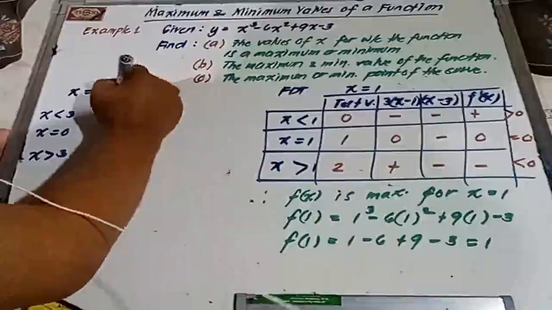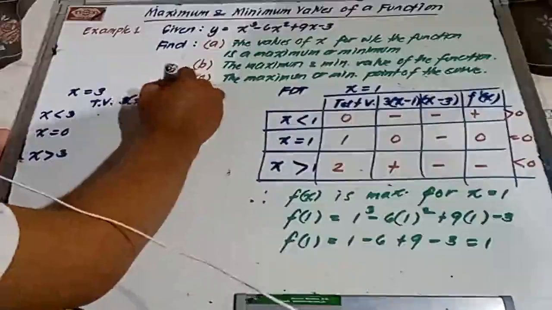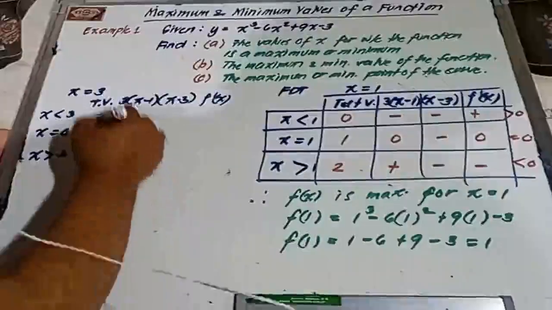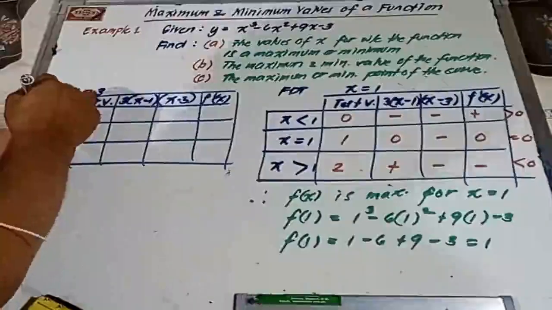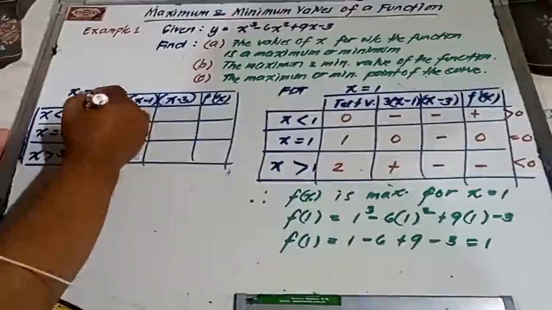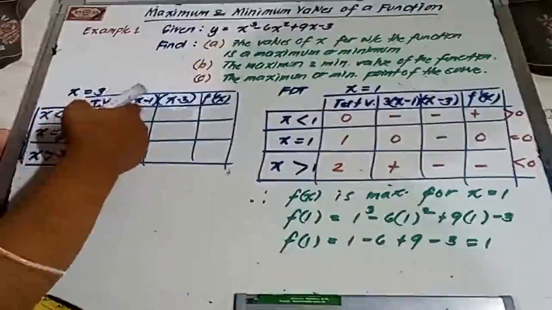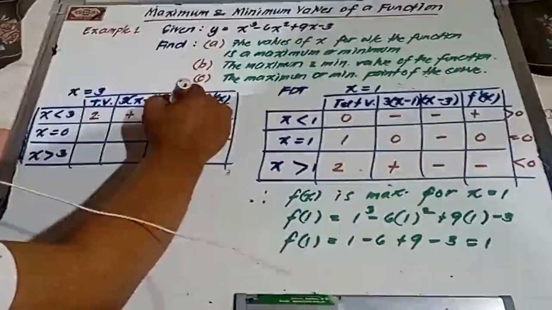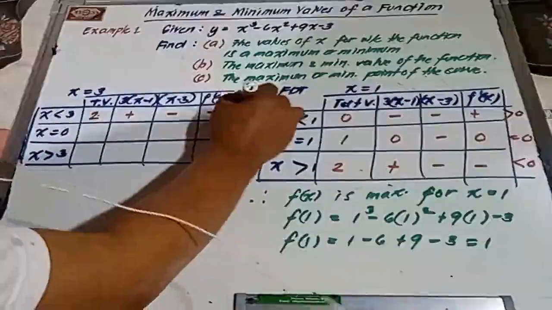We have 3x minus 1, x minus 3, and f prime of x. So, x less than 3 tayo. Let's say 2. 2 minus 1 is positive. 2 minus 3 is negative. Positive times negative is negative. This is less than 0.